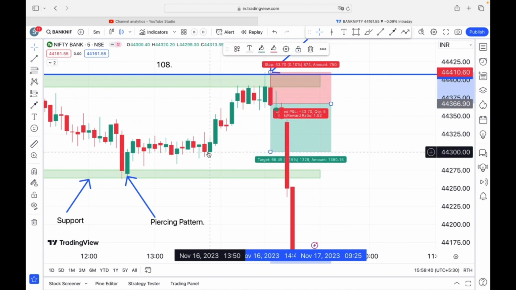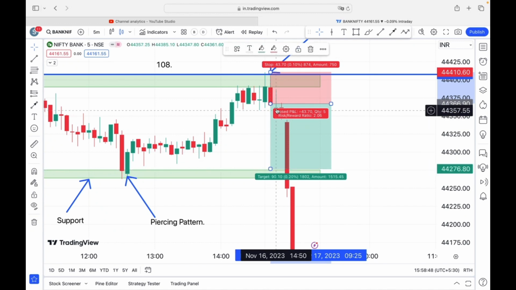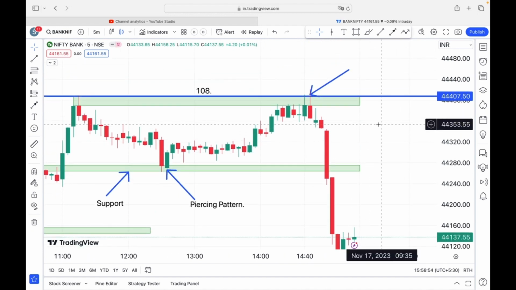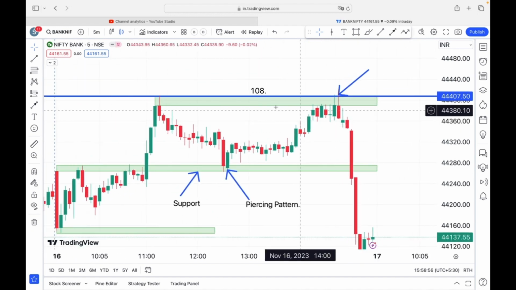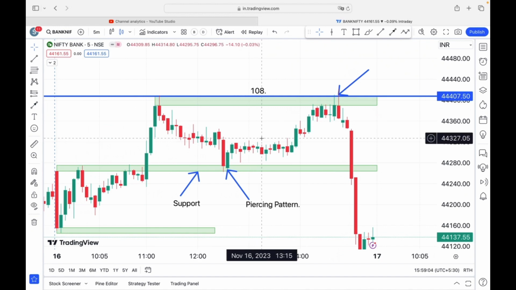If this is your target, then you would have taken this trade also, and then you would have trailed it all the way down to 92 points from your entry. But we are not bothering taking this trade, because our risk versus reward ratio didn't factor much. We have only seen all our factors going with our luck in only one trade, and that has given us 108 points.